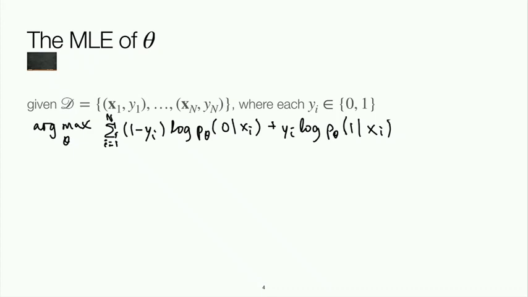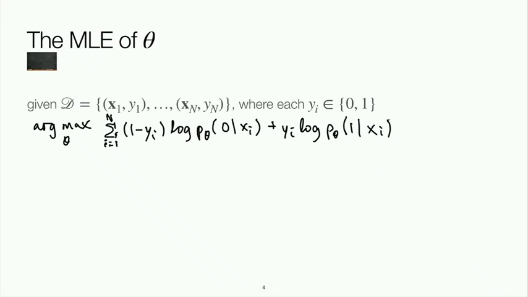If yi is 1, then this whole thing is 0, because we have 1 minus 1, and we have 1 times the log probability of 1 given xi. All of that checks out the way we expect. So we have a sum of log probabilities of our data points.